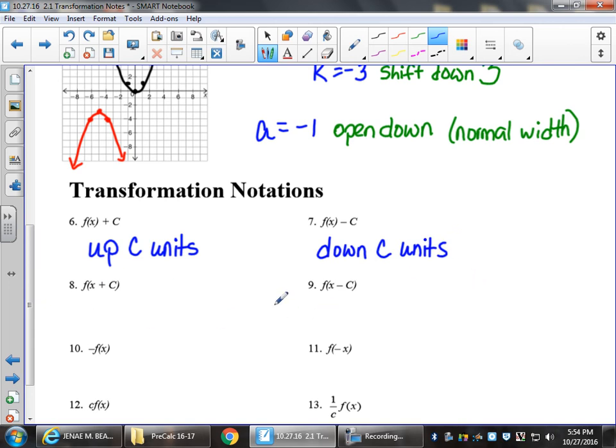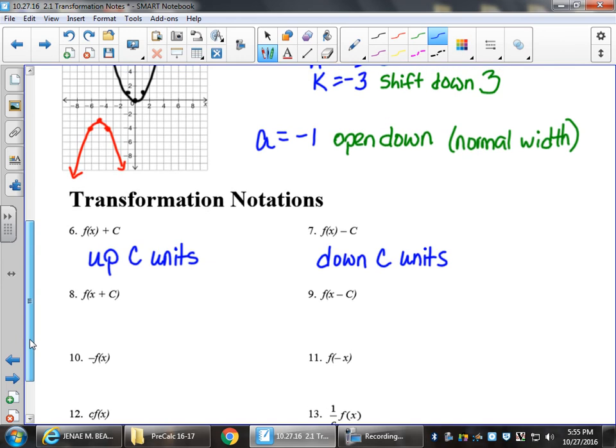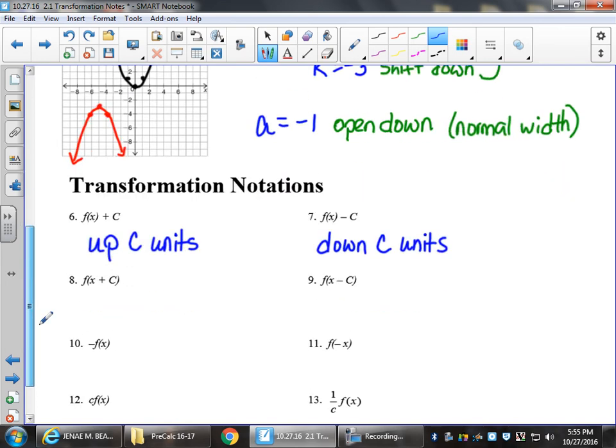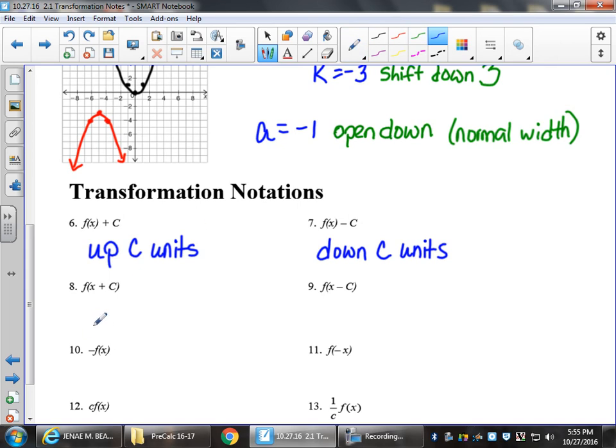With 8 and 9, we're going to make a connection to when I see inside parentheses x plus or minus a value on the inside. So we can visualize this one as f of x minus a -c. That's what created that plus sign.